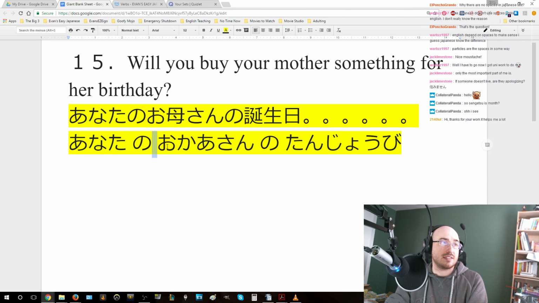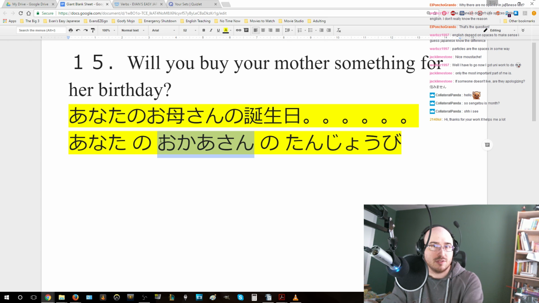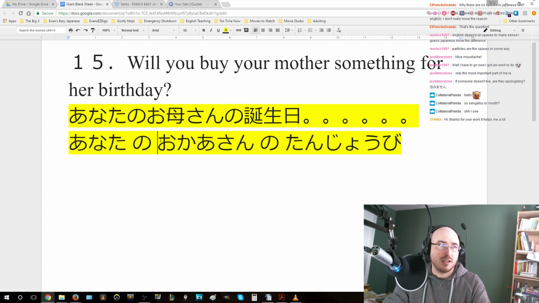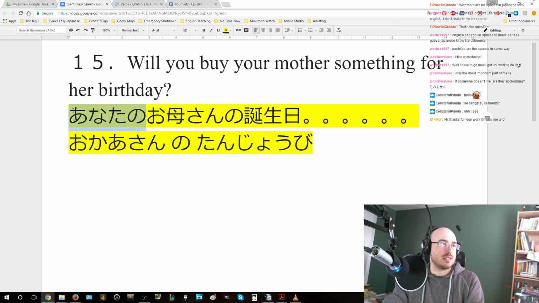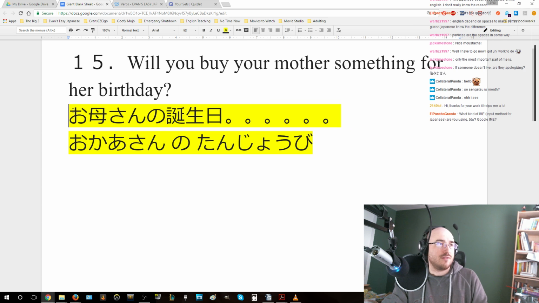Oka-san literally means like, I'm being polite about somebody else's mother and I'm talking to you. So unless I specify somebody else's mother, I'm talking about your mother. So we don't need this anata. Anata no oka-san, we don't need it. Once again, anatas are very redundant in Japanese, and sometimes they even mean like anata. So be careful with them. Okasan no tanjobi, your mother's birthday.